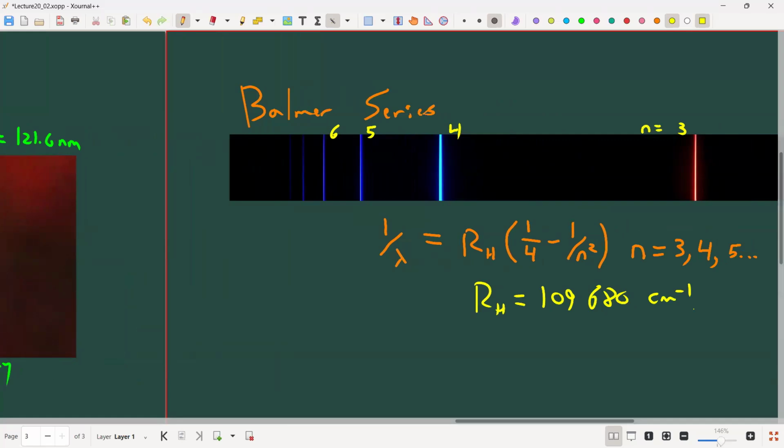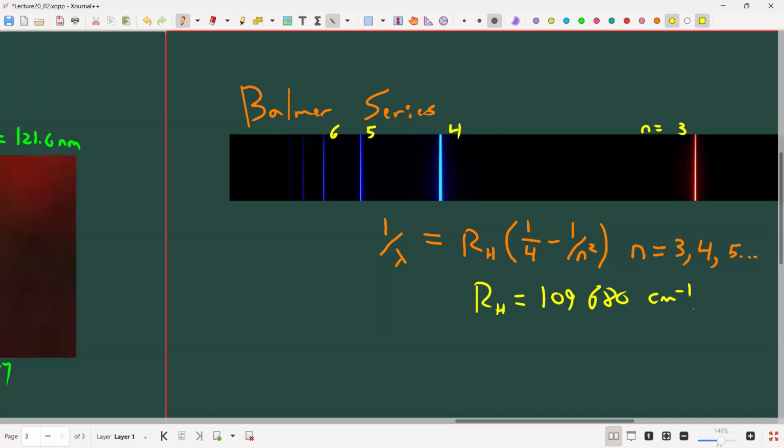The n's are slightly different, and you have this factor of 1/4 instead of 1. But the data fits exactly the same. It fits beautifully, with a great R squared. Same result. Balmer again has no intuition on what's going on, but Balmer shows that Lyman's result is exactly the same as his.